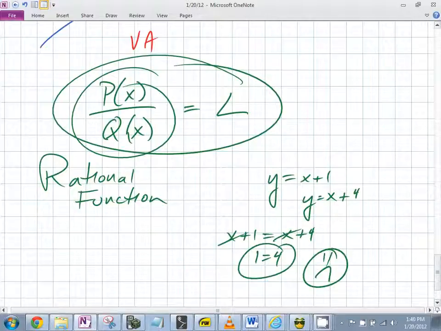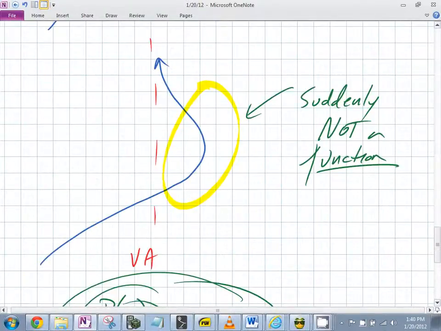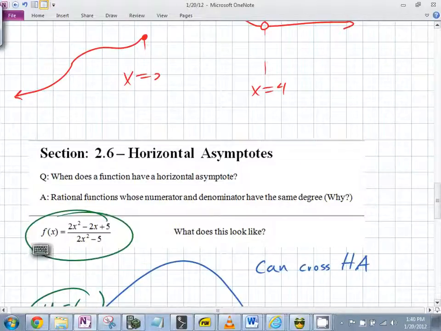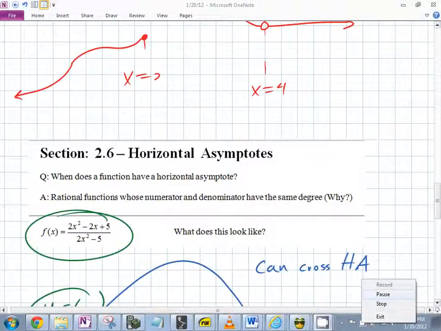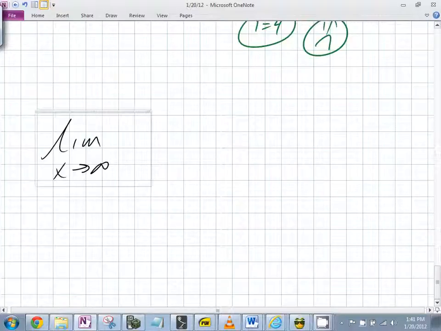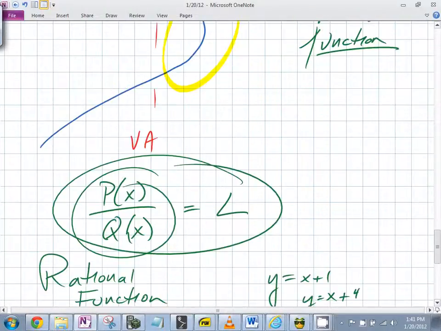Let's take a look at this rational function. We're looking at this as x gets really, really big. What happens as x gets really, really big? What was it? It was 2x squared plus 5 over 2x squared minus 5.